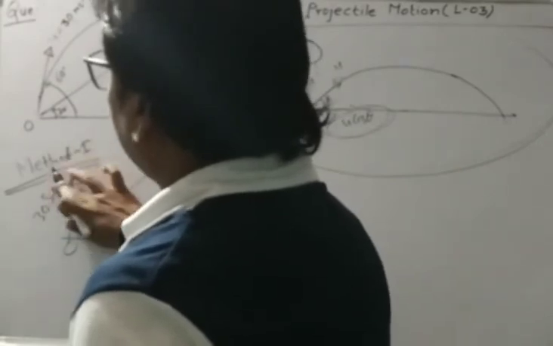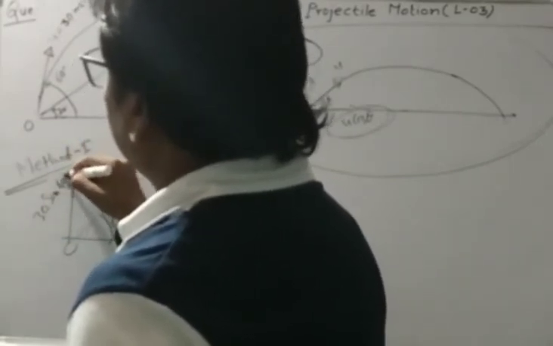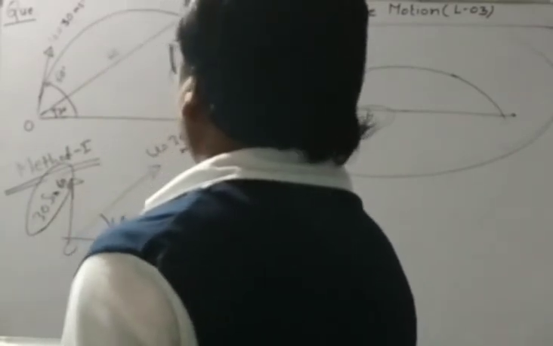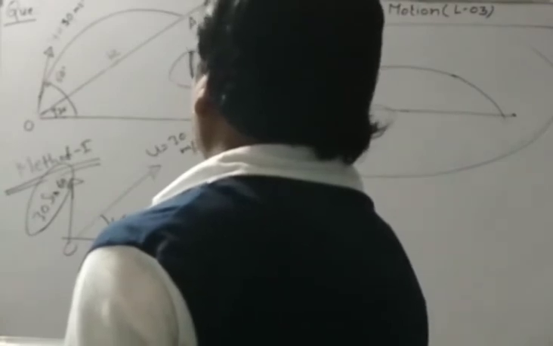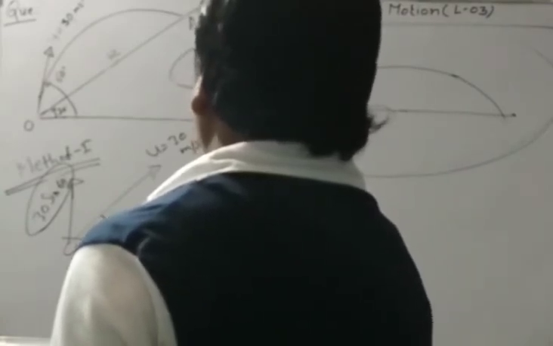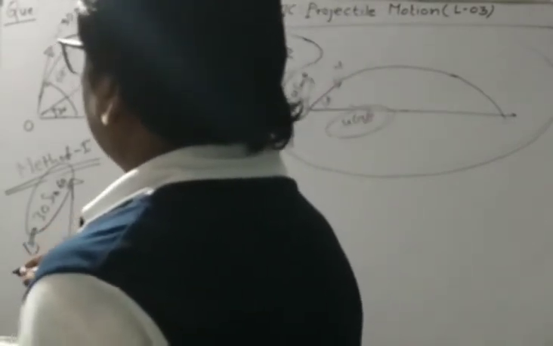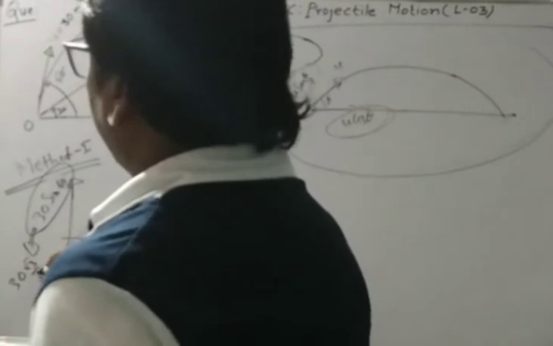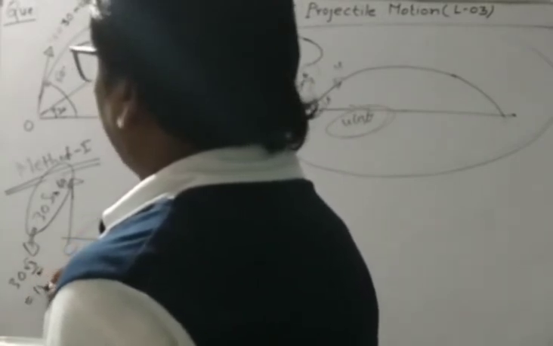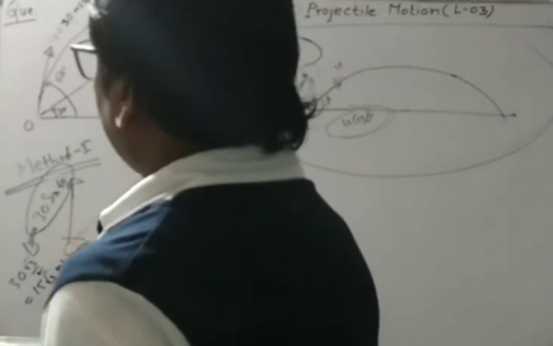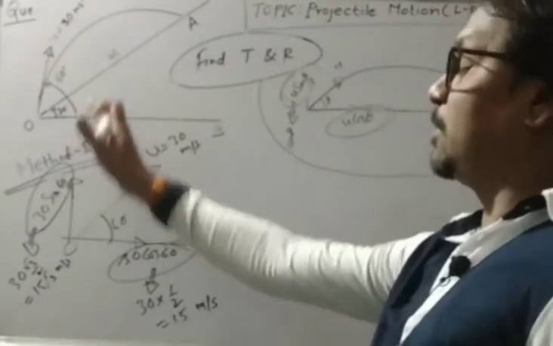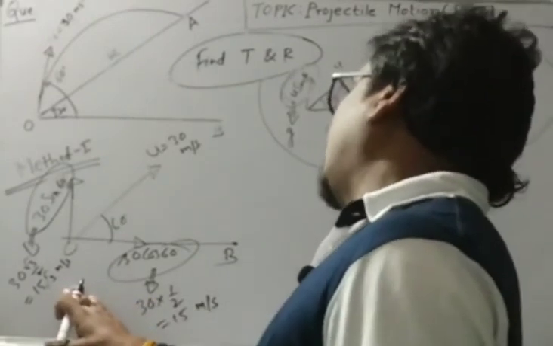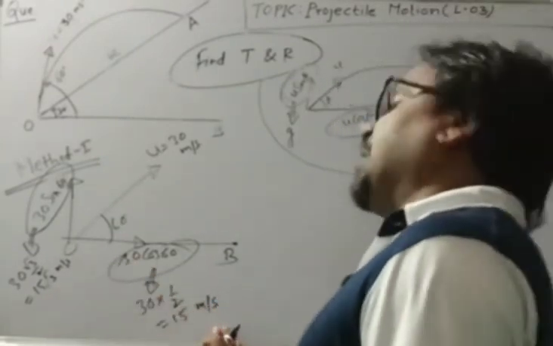So, 30 times 1 by 2 is 15 meter per second, and this is 30 root 3 by 2, that is 15 root 3 meter per second. So vertical velocity is 15 root 3 and horizontal velocity is 15 meter per second.